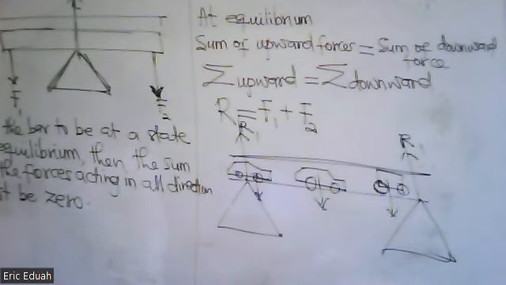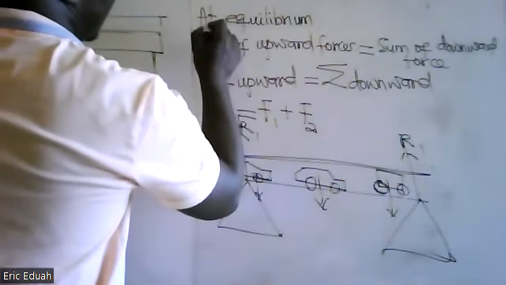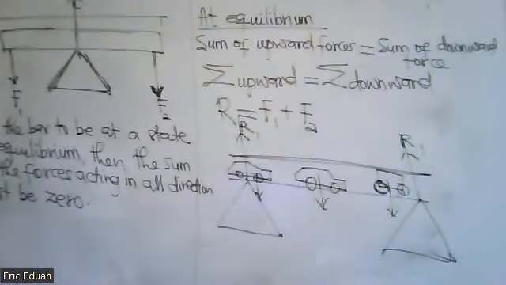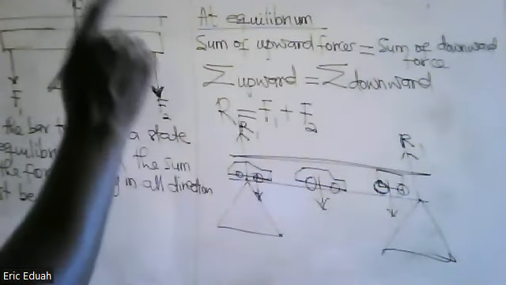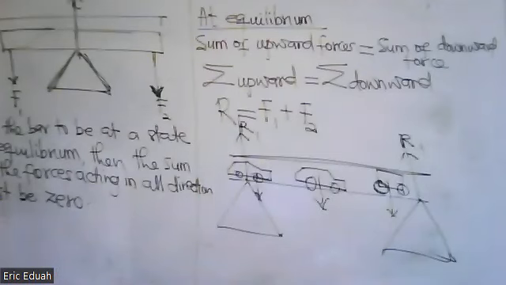The condition is that at equilibrium, the sum of upward forces acting on a bar must be equal to the sum of downward forces. Or simply, at equilibrium, the net force acting on a body must be equal to 0.